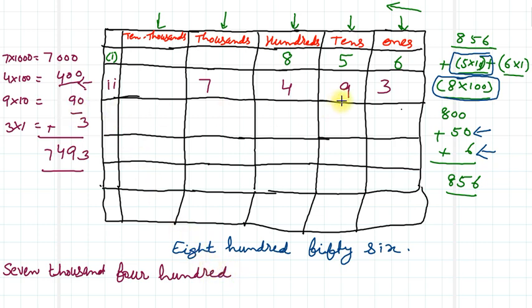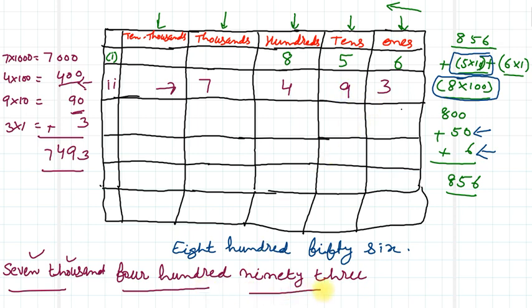Then 9 is in the tens column, from 9 into 10 it has become 90, so we will write 90 as NINETY. 3 into 1 is 3. So we will read this as 7,493, right?